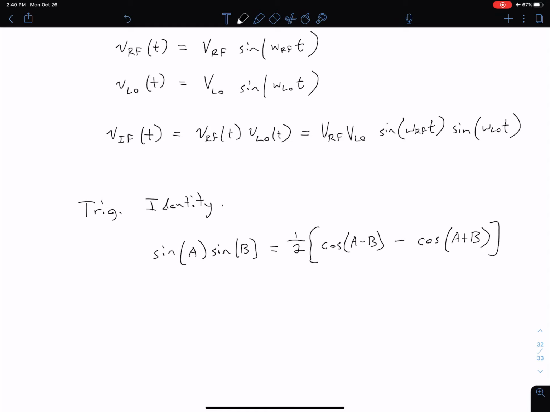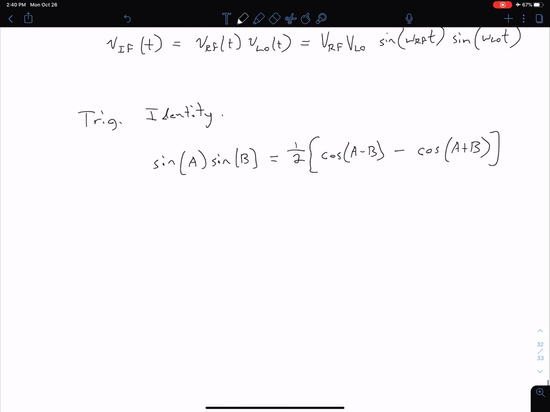So using this trig identity, we can rewrite our VIF.